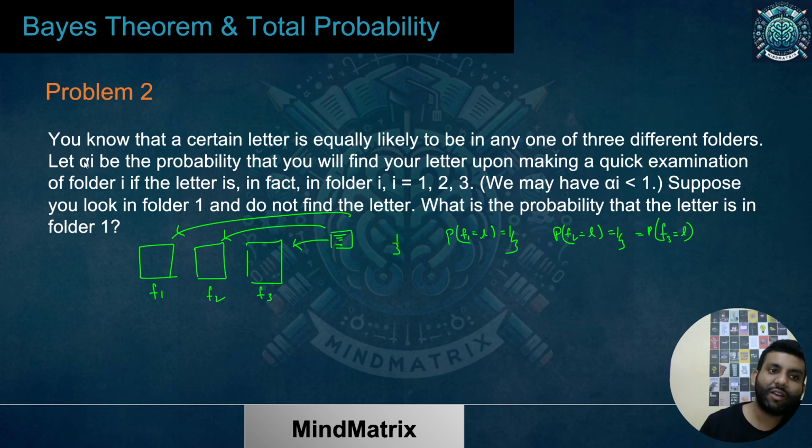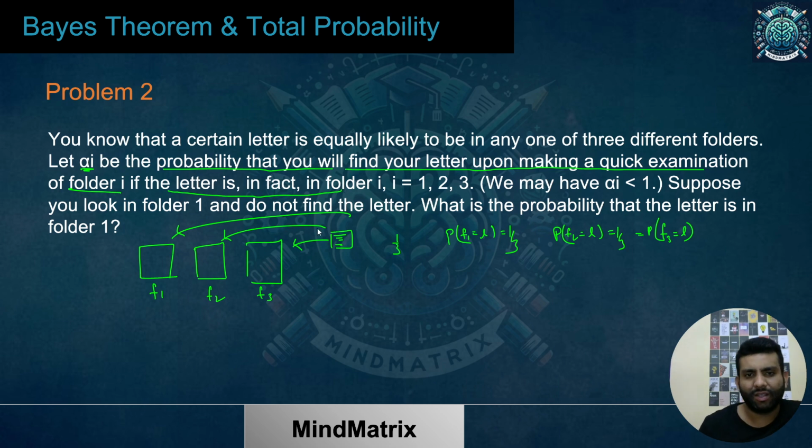Now let alpha i be the probability that you will find your letter upon making a quick examination of folder i, if the letter is in fact in folder i, and i value is 1, 2, 3. So what does this mean?